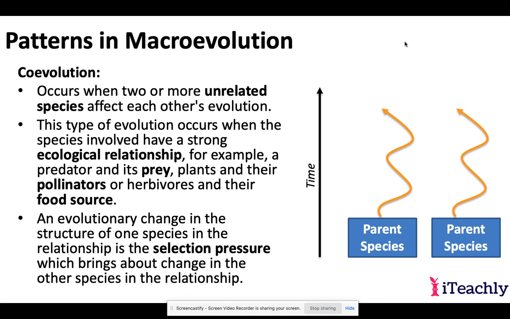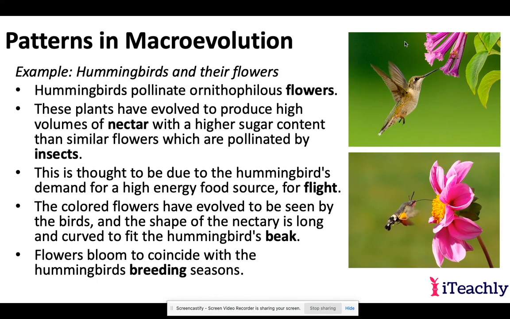So you have a situation where one organism is relying on another or has a relationship with another. If one changes, the other one has to change as well. And this is again a selection pressure that brings a change. So a change in one species is going to result in a change in another species.